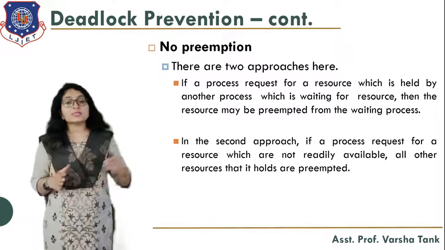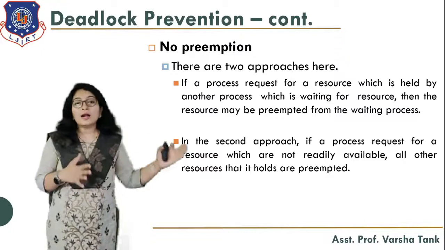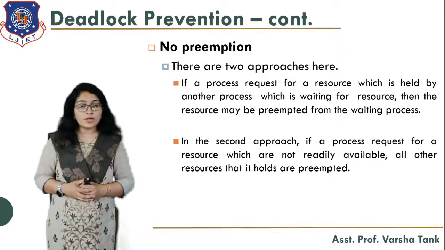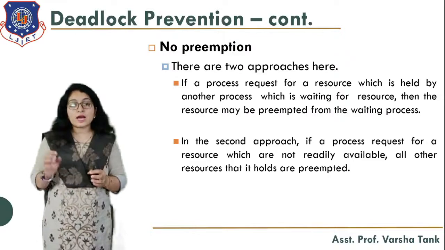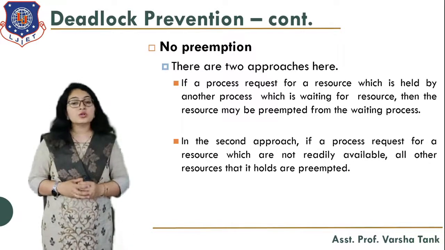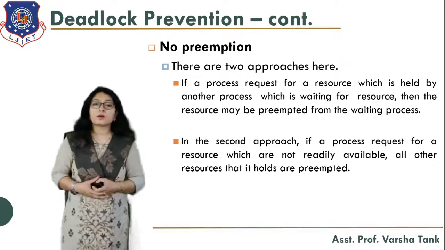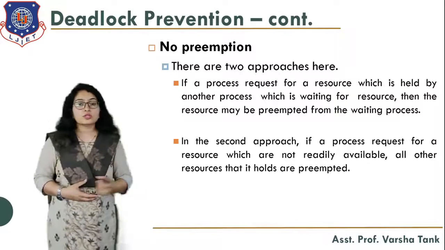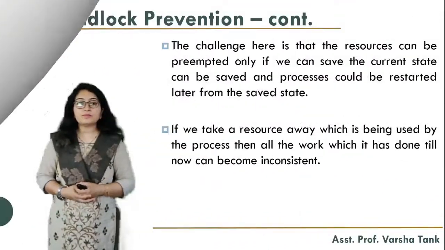So if the process is demanding the resource R2 and R2 is not readily available, what will happen? We will preempt the resources, that is resource R1 and resource R5, from the process P1, so that those resources can be assigned to any other process and it can complete its execution. So this is the meaning of this second statement.